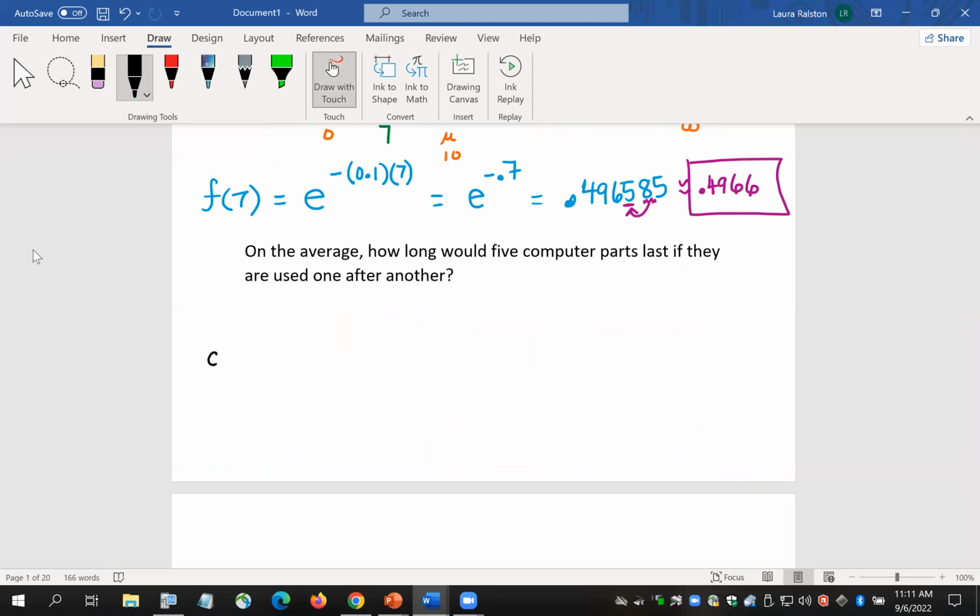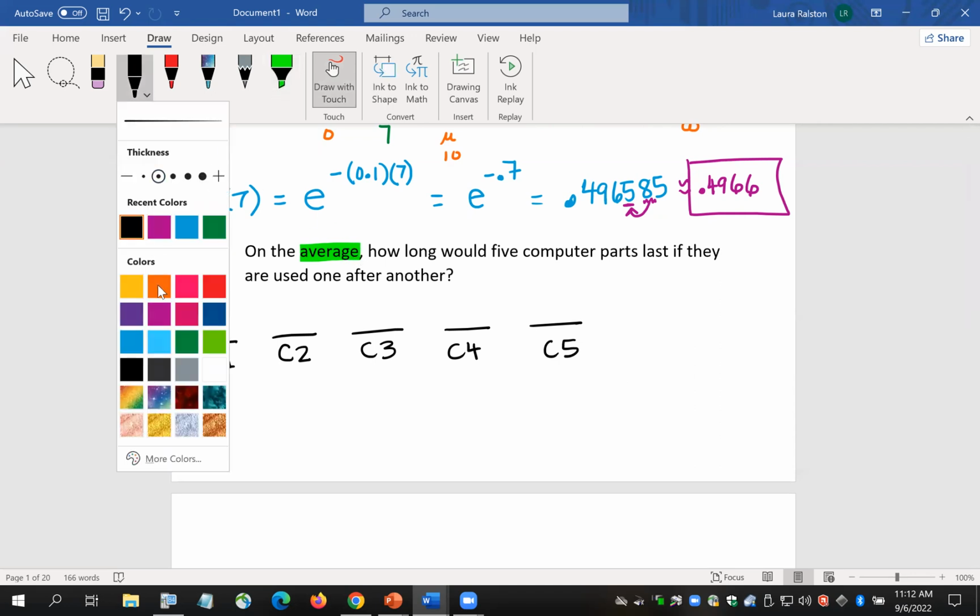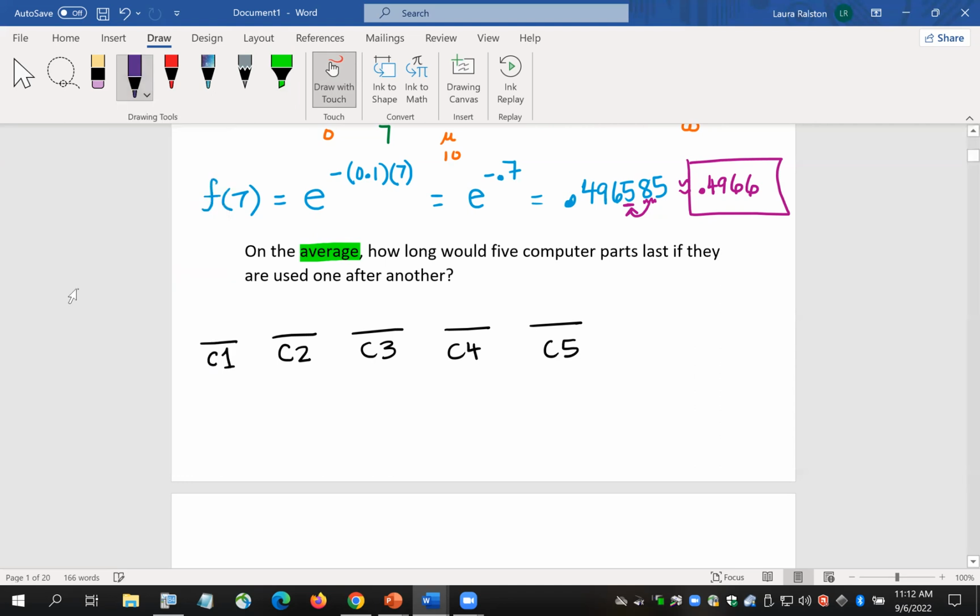So you have your computer part 1, computer part 2, computer part 3, computer part 4, and computer part 5. It tells us in the initial scenario that on the average, the computer part lasts 10 years.